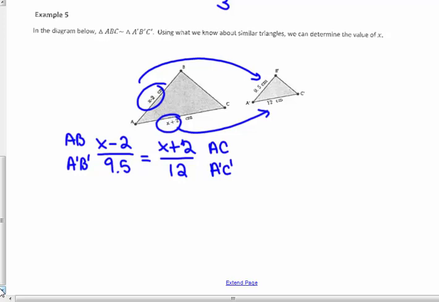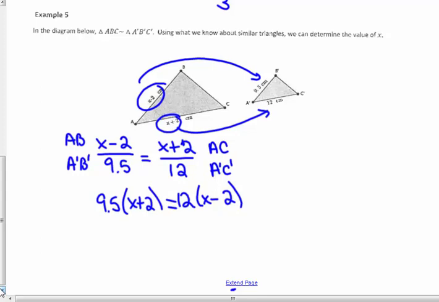Again, I can solve this because the product of the means, 9.5 times the quantity x plus 2, has to equal the product of the extremes, 12 times the quantity x minus 2.